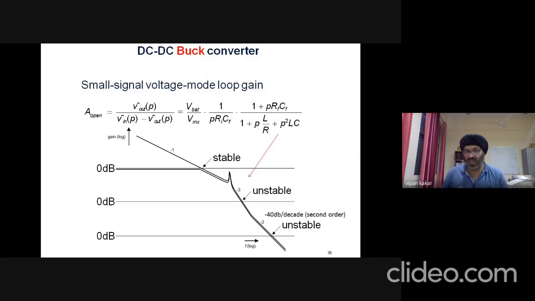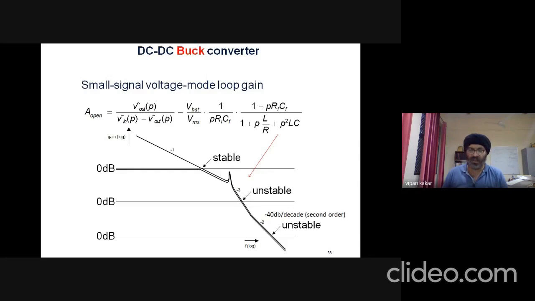And if we keep on increasing the frequency of operation, this system becomes unstable, because on the x-axis we keep on increasing the frequency from left to right. Till certain frequencies the system is stable, and after some frequency the system becomes unstable. So minus 40 dB per decade, a second order.